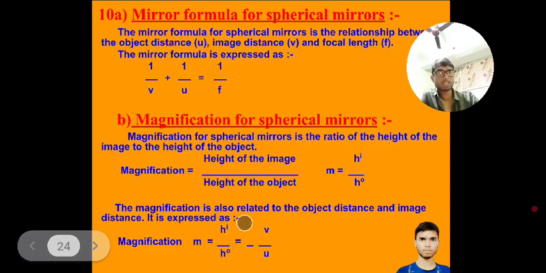The magnification is also related to the object distance and image distance. It is expressed as h1 upon h0 equals minus v upon u. We take this minus because u is negative.